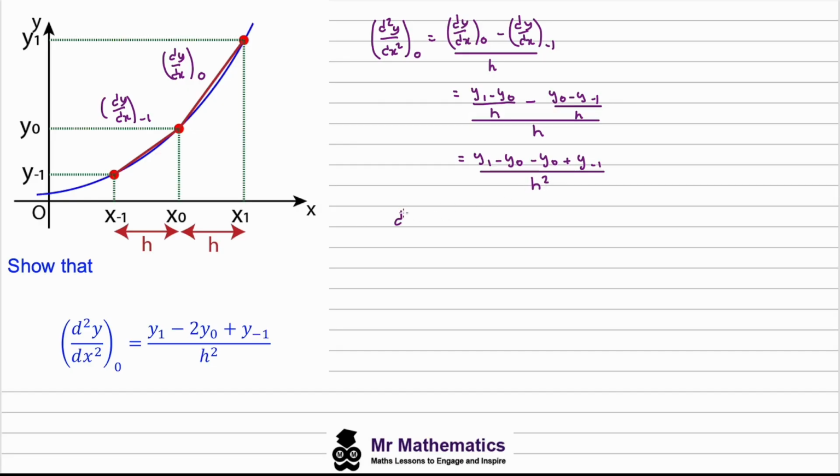So d squared y over dx squared at the point x0 will be equal to y1 minus 2y0 plus y -1, all over h squared.